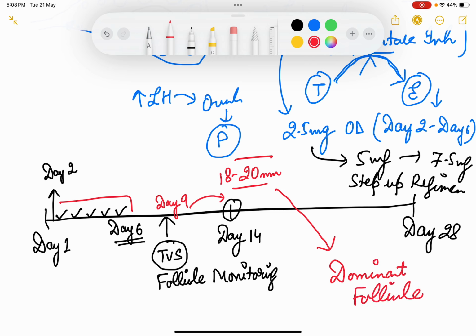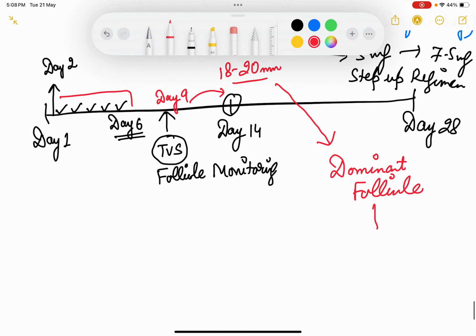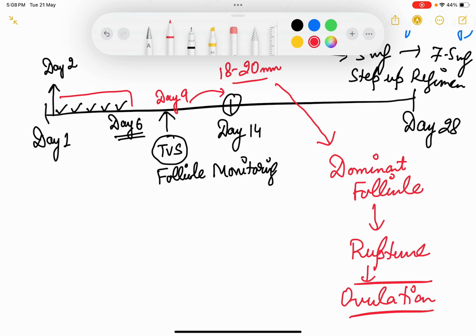And this dominant follicle of 18 to 20 millimeter is going to rupture, and this follicle will lead to ovulation once it ruptures. Okay, until it reaches 18 to 20 mm, every alternate day we call the patient for transvaginal ultrasound, whereby we monitor the growth of the follicle.